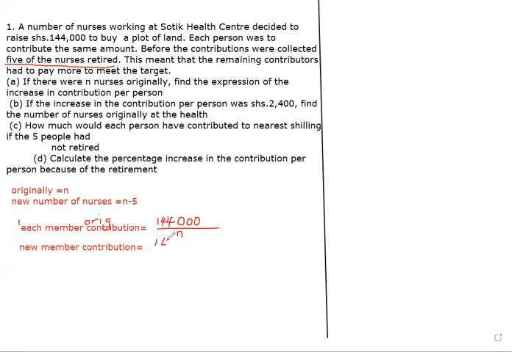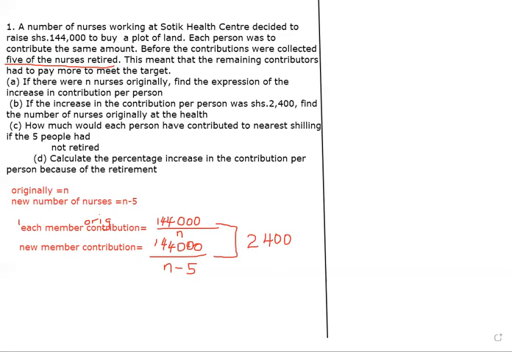Now we have 144,000 divided by n minus 5, because the number is reduced, so they have to adjust. So in doing this, they realized that the increase in the contribution per person was 2,400. If they compare this price and this price, the difference was 2,400.